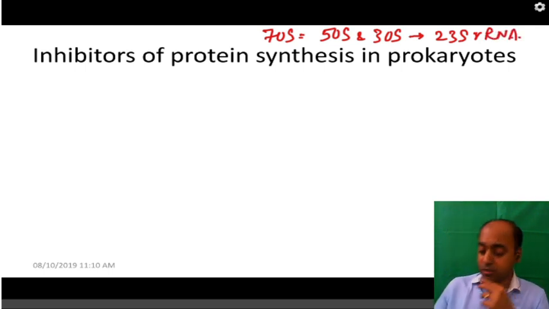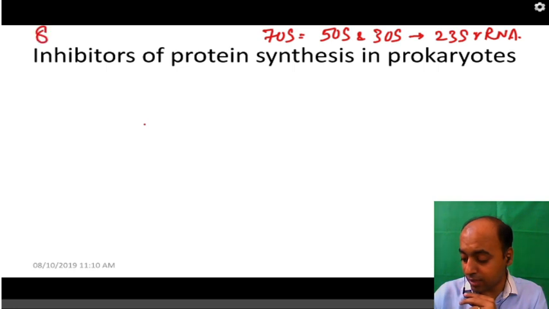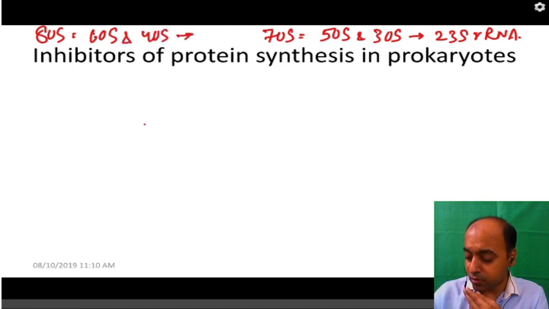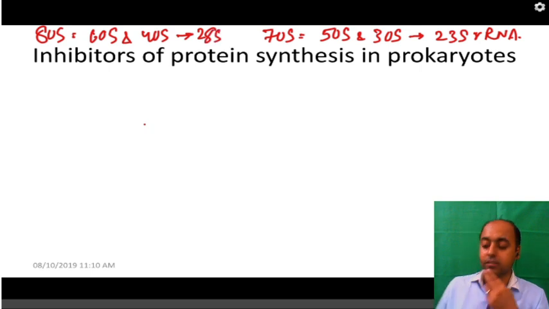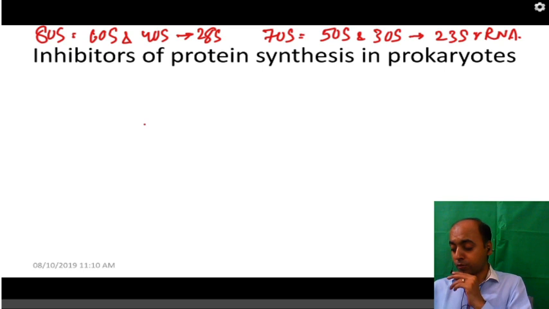Okay, so remember these numbers. In eukaryotes, you will have 80S splitting into 60S and 40S, and the peptide transferase will be 28S ribosomal RNA. Okay, let's talk about prokaryotes.